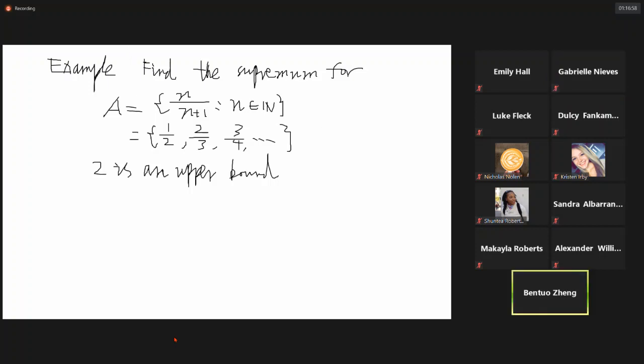So 1 is the least upper bound. So the supremum of A is just 1.